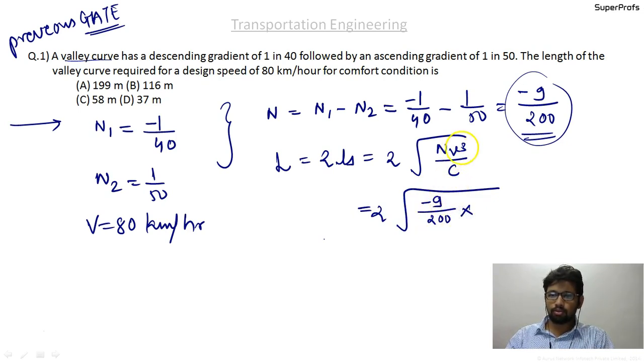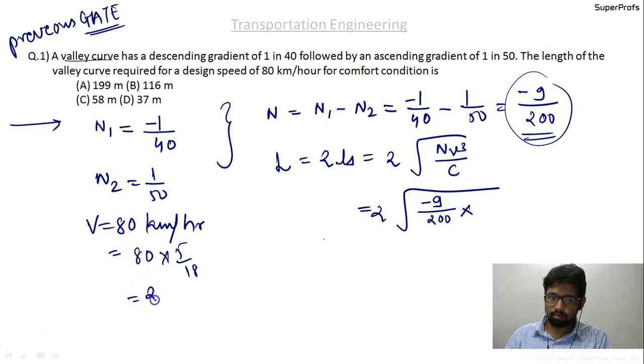Small v stands for speed in meters per second. So 80 into 5 by 18 is equal to 22.22 meters per second.